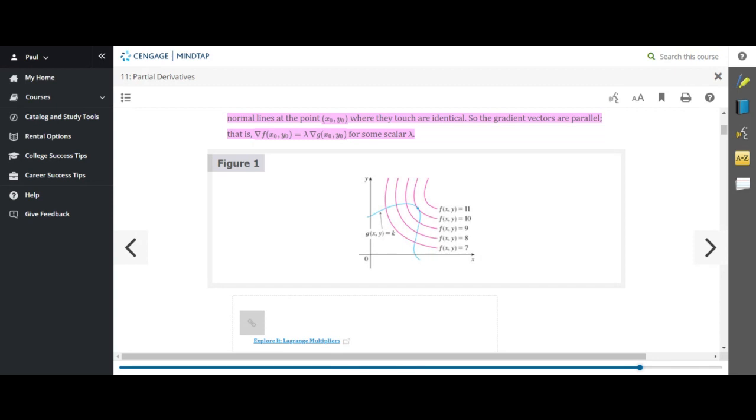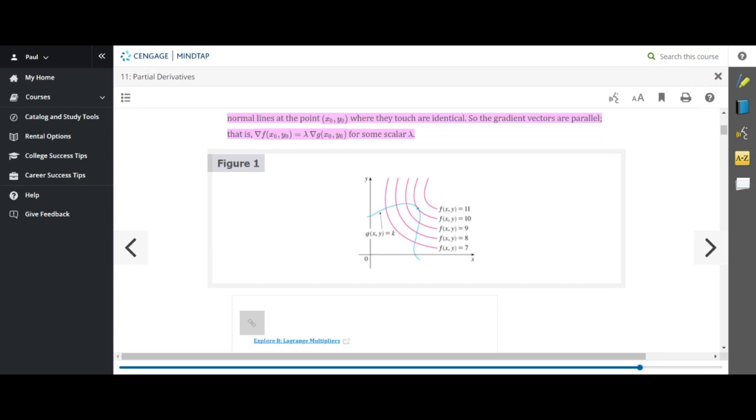Now let's say that we wanted to find an xy coordinate that satisfies a constraint. So g of xy equals k is a constraint. Think of a circle, x squared plus y squared equals 1.